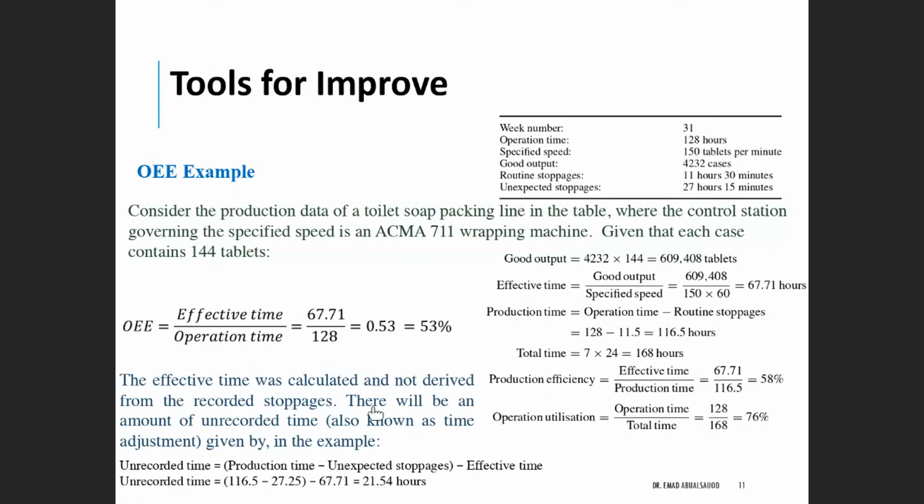And here there is the note where it comes, and we will also come again to those numbers and explain them. But if you subtract the operation time you have from all the stop time you have here listed in the given table, if you subtract the operation time from the routine stop and the unexpected stops they faced, minus the effective time, which is you use for the products, it will give you 21 hours.